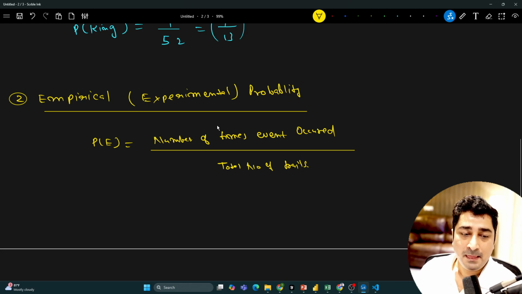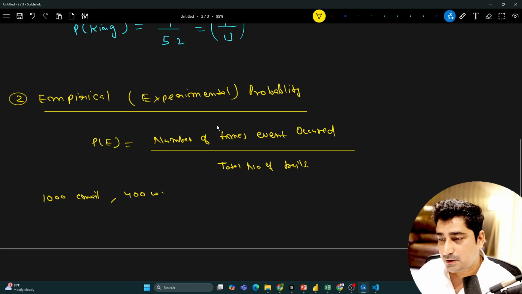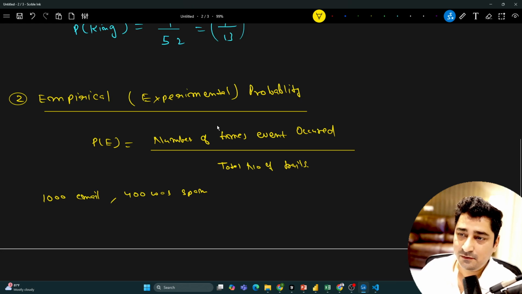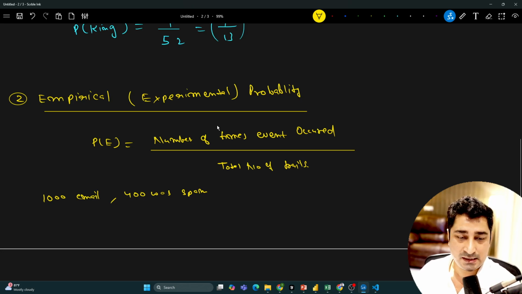For example, let's suppose we are receiving thousands of emails. Out of that, 400 were spam. So I have done an experiment with respect to my mails: out of my 1000 mails, I found that 400 were spam.